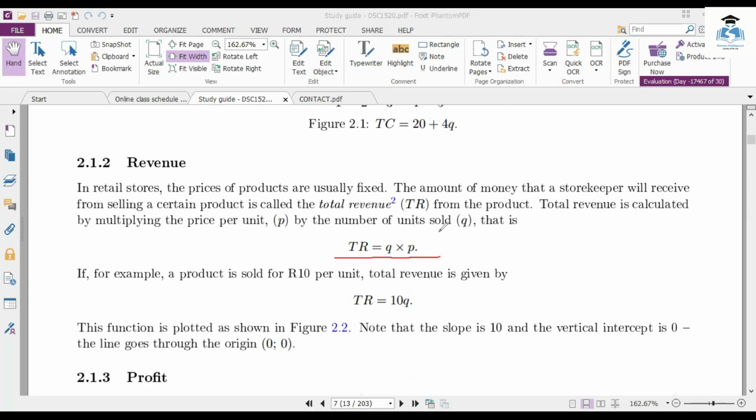When you are asked about the revenue, this is the formula that you need to use: TR equals Q times P. For example, if a product is sold for 10 Rand per unit, then total revenue is given by 10Q, which is 10 times quantity.